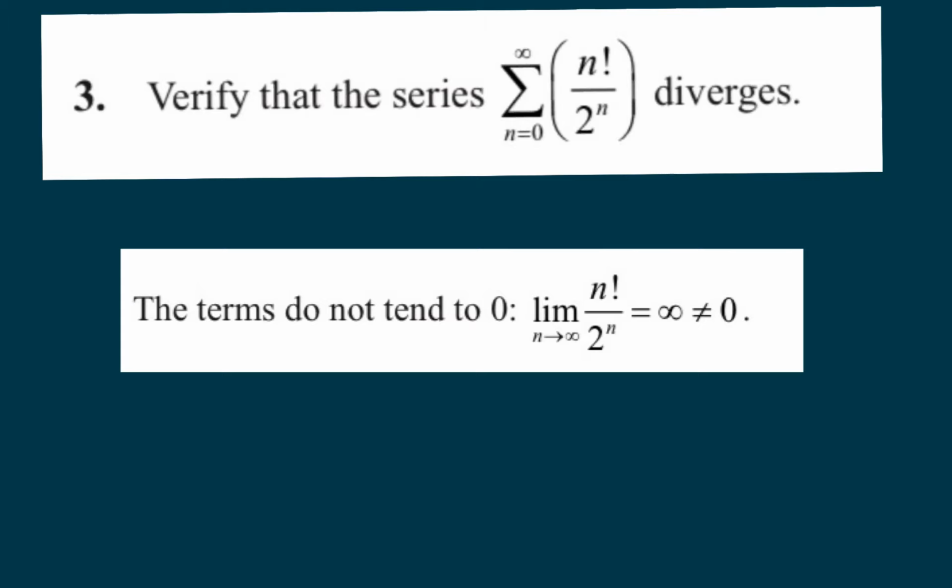So a sub n is equal to n factorial divided by 2 to the n. How will we make the limit when n goes to infinity of this fraction? Well, n factorial will grow faster than 2 to the n.